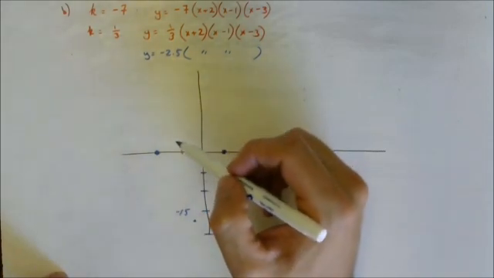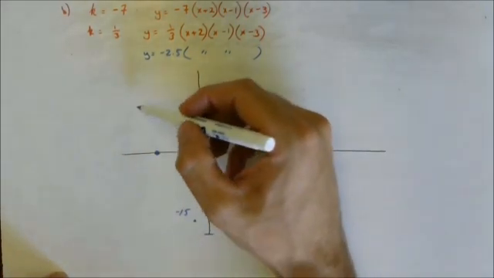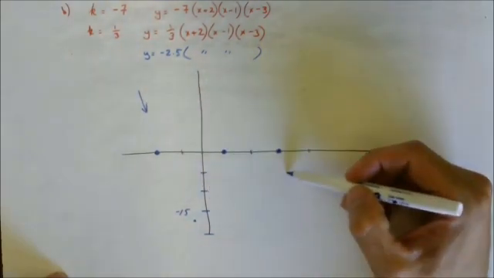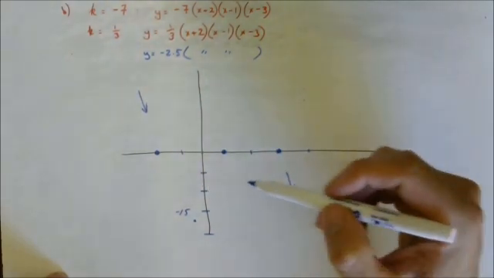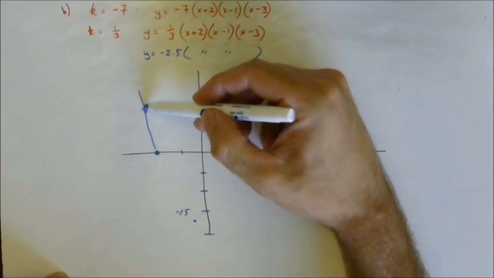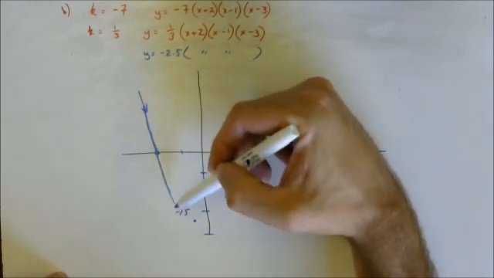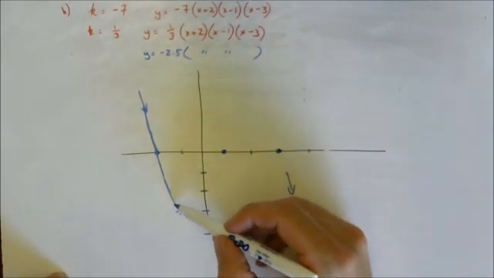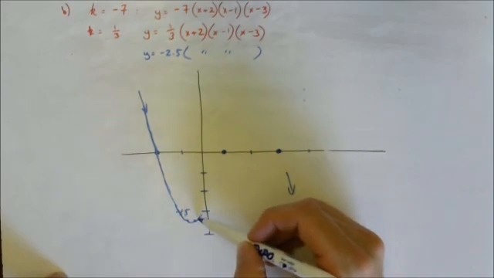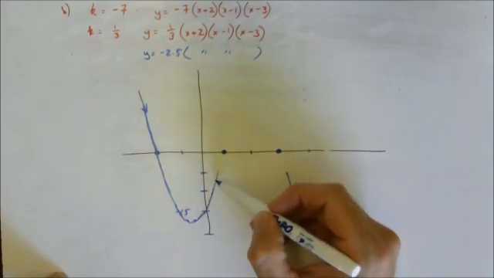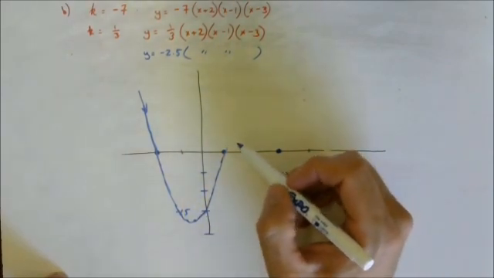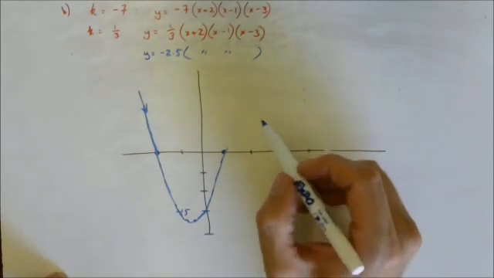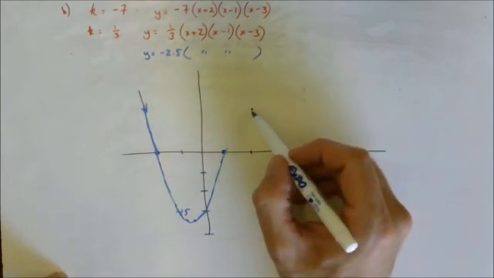It's a negative cubic, so it's coming down here and down there. So we just do our best to sketch something that goes through there. Coming down, we got a y-intercept at negative 15, and it doesn't have a huge stretch factor.